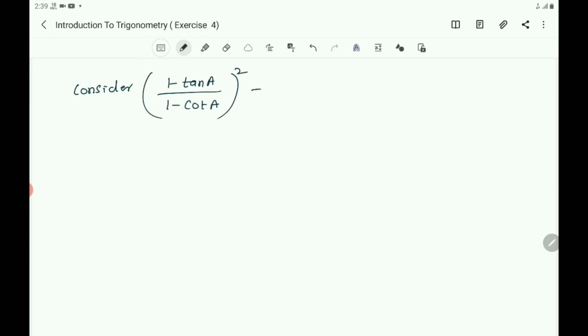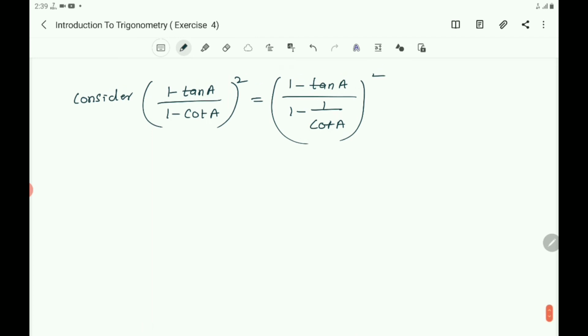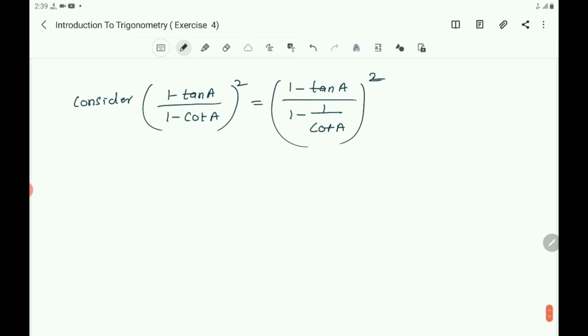Here also you convert cot A in terms of tan A. Write 1 minus tan A by 1 minus 1 by tan A whole square.